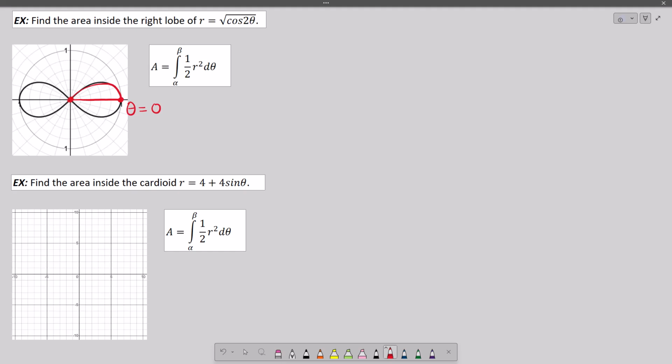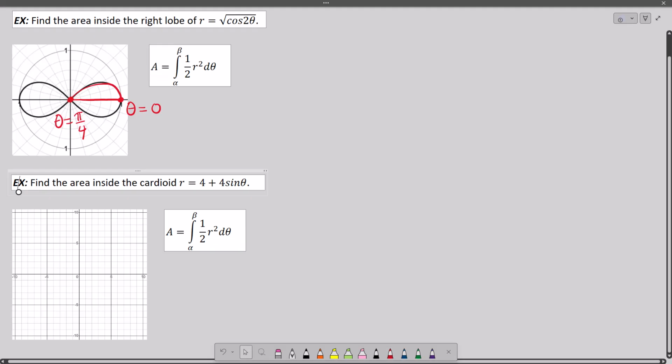If we plug in pi over 4, pi over 4 times 2 is pi over 2. Cosine of pi over 2 is 0. So that is, in fact, true. We could look at Desmos to really nail it down, but this should be sufficient. As theta is increasing, as soon as we hit pi over 4, bang, we're at the origin.